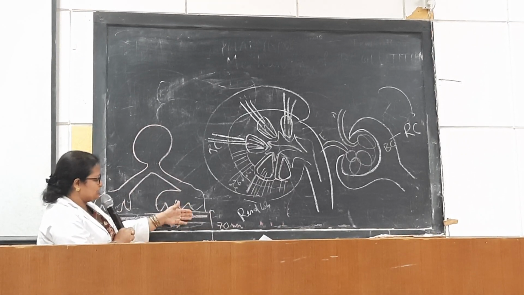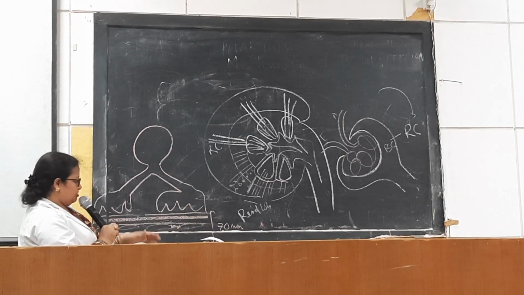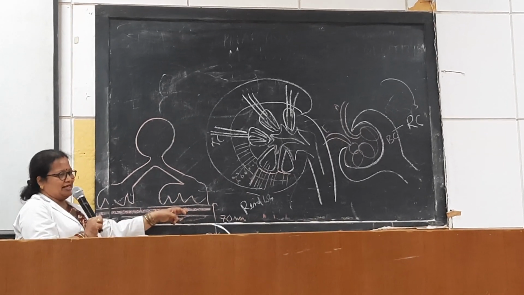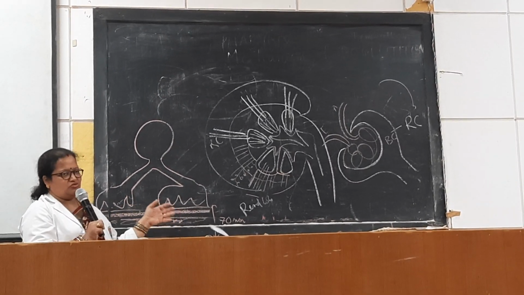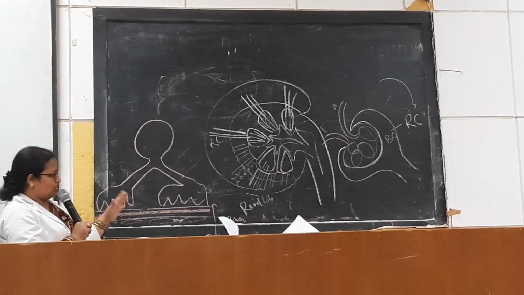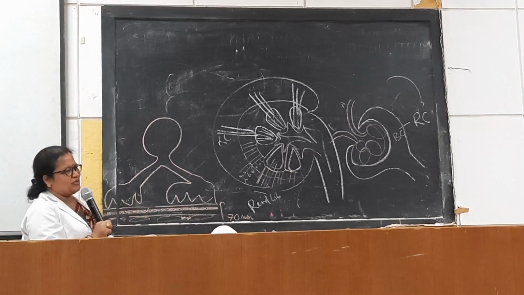This is called the glomerular basement membrane. Within the dense layer, it consists of negatively charged glycosaminoglycans, which don't allow albumin to pass through.